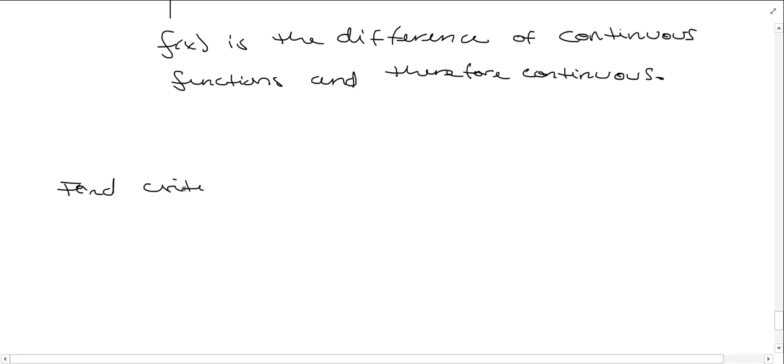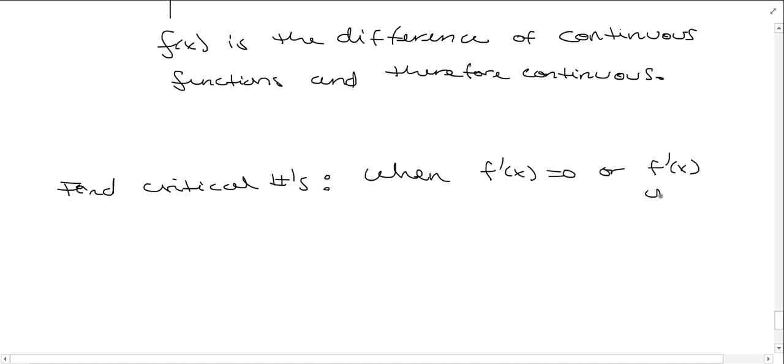So let's find the critical numbers first so that we can then check everything together. How do you find critical numbers? These are when f prime is 0 or when f prime is undefined. So let's find f prime.